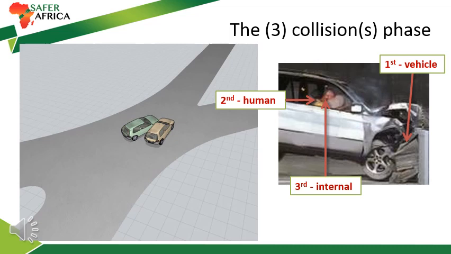After a person's body stops, internal organs still move forward. During this stage, these organs may collide into other internal organs or the skeletal system. Both the second and third collisions can cause serious injury or death. Therefore, your best protection against this additional collision is to fasten your seatbelt.